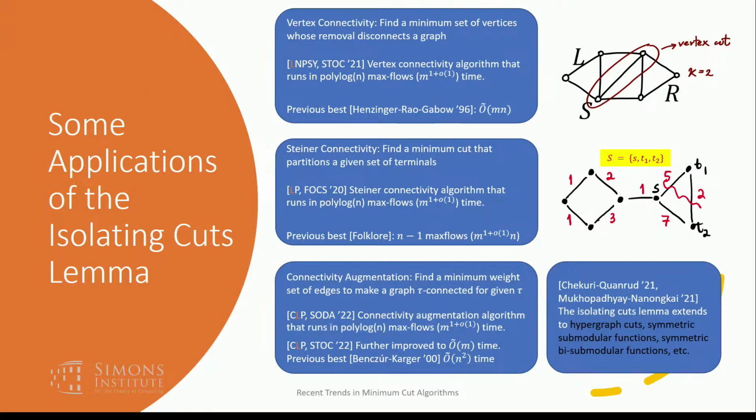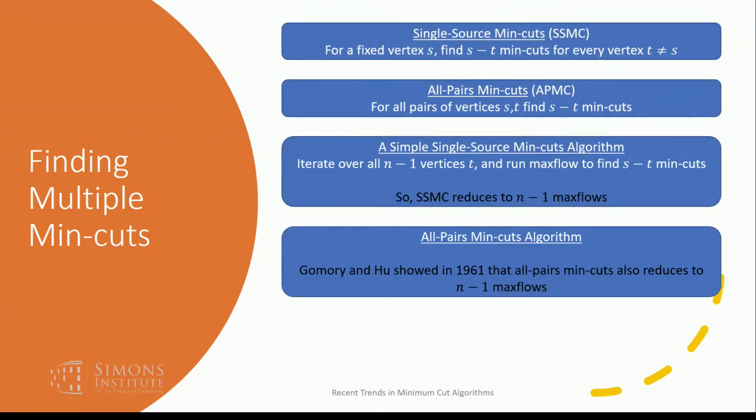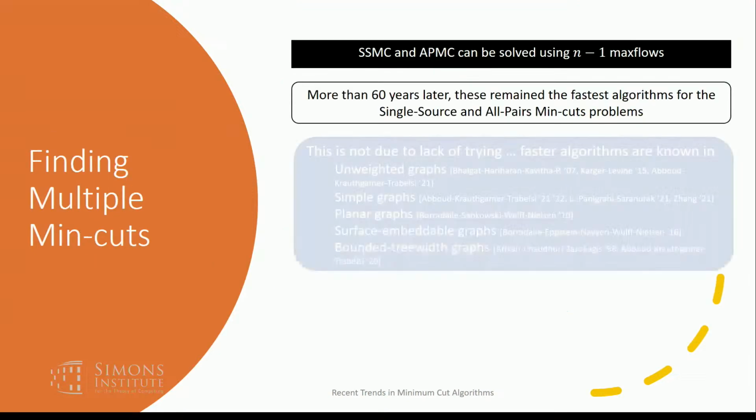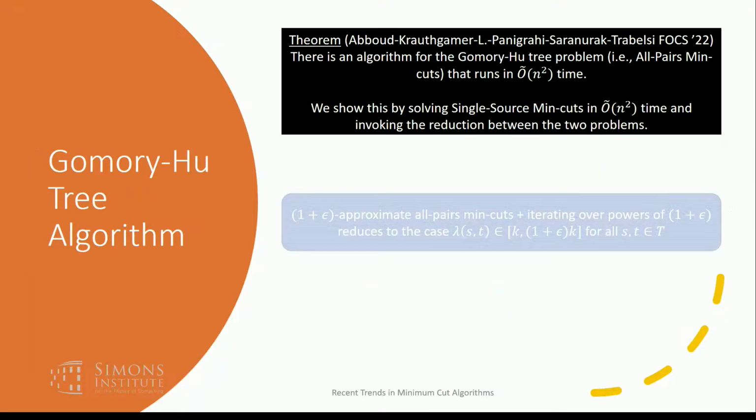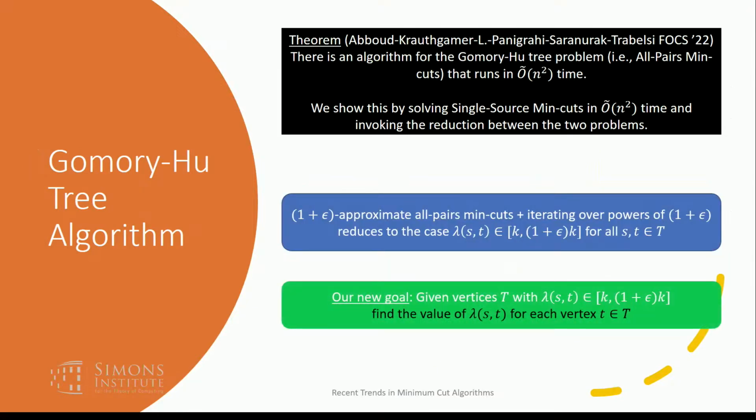I might be wrong. It's been a while. This result here, I believe, is independent of scaling. You just directly apply it. How about the Gomory-Hu tree? Right. In the Gomory-Hu tree, our current algorithm does use some scaling. It iterates over all powers of 1 plus epsilon. So it's not strongly polynomial. But we suspect that this can be made strongly polynomial. We just haven't worked out all the details. Okay, thank you.